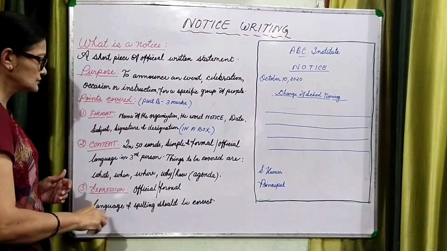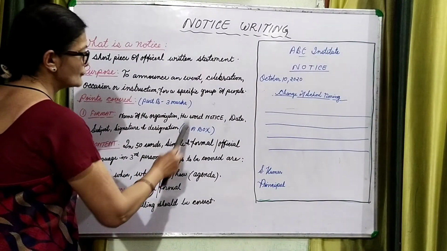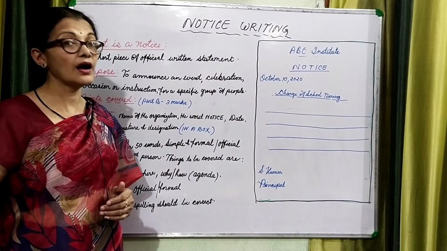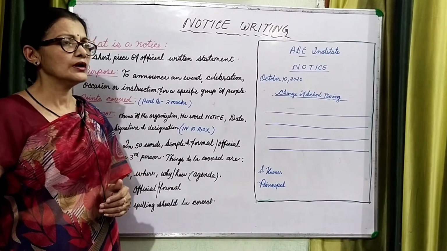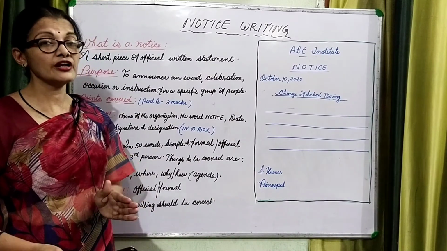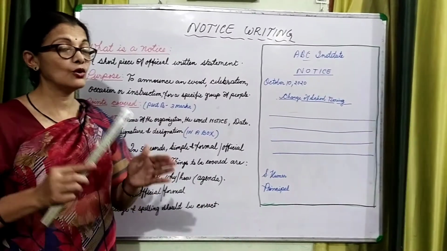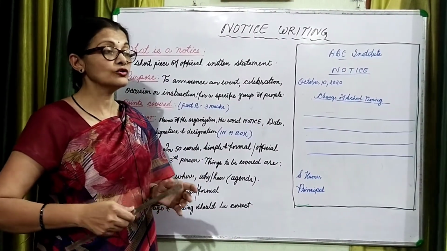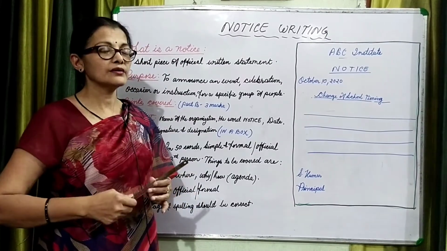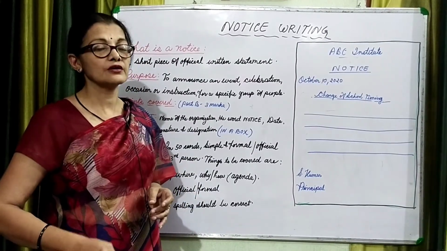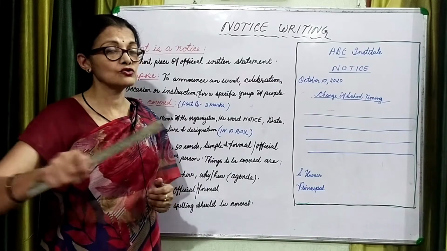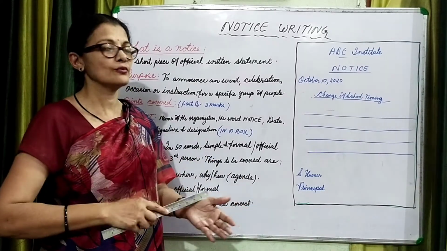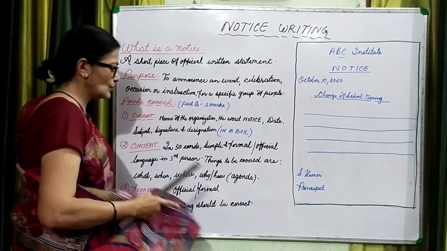The limit prescribed by our CBSE board is 50 words. It could be 5 to 10 words plus or minus. You don't have to count exactly, but maximum 10 words, children. Don't go below that, don't go above that.